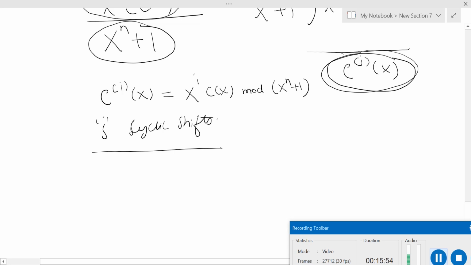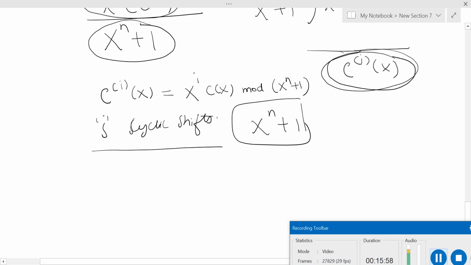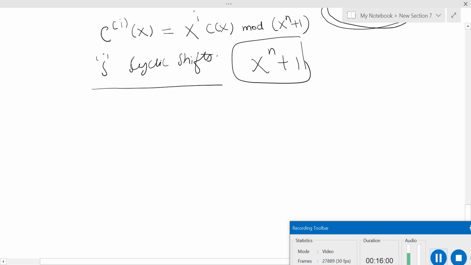This polynomial has a very important role to play in a cyclic code, so we will see that. Now let's first come to how to generate the codes. In linear codes you had a generator matrix G. In cyclic linear codes we have a generator polynomial.